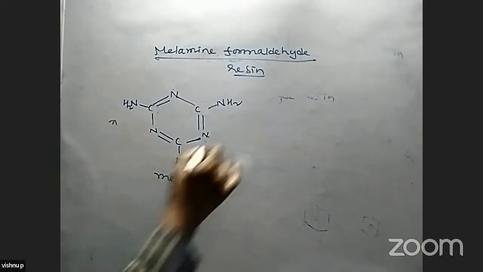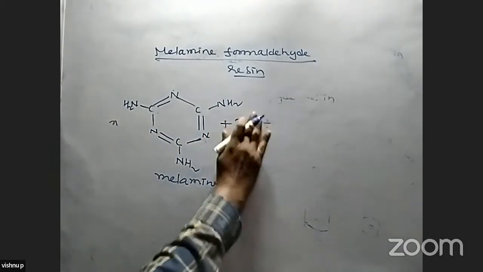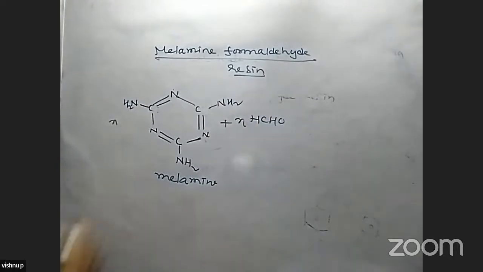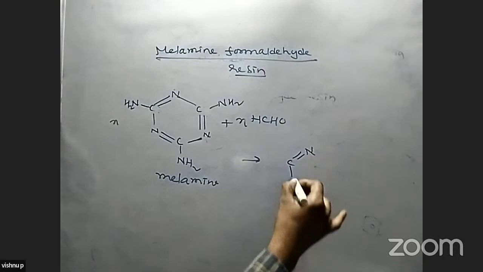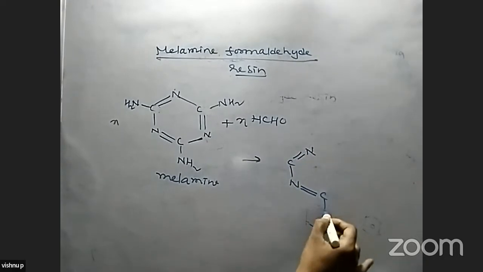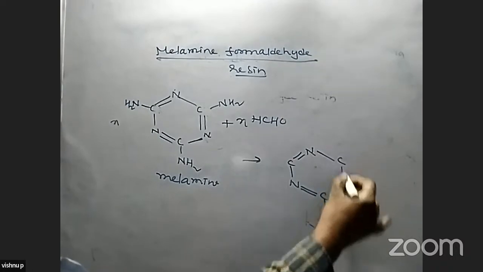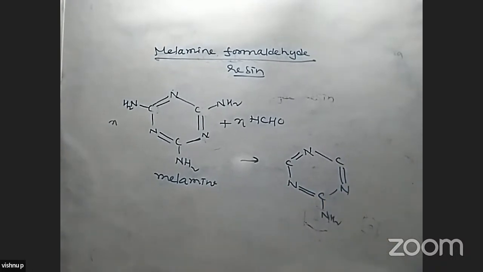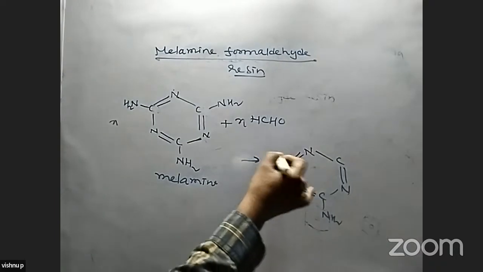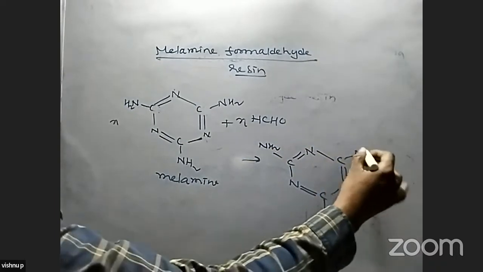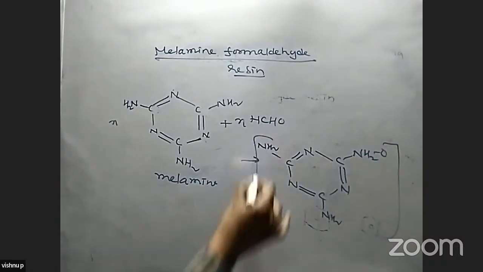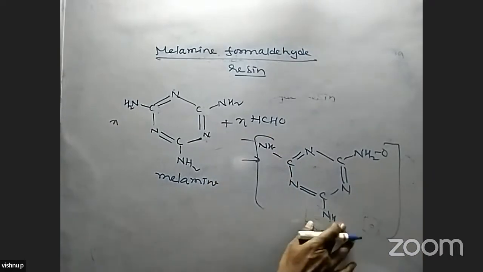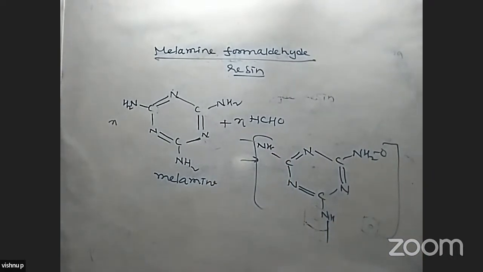N number of molecules combined with N number of formaldehyde. So what type of polymer is formed here? This type of polymer is formed. This side also a bond is formed, this side also a bond is formed.